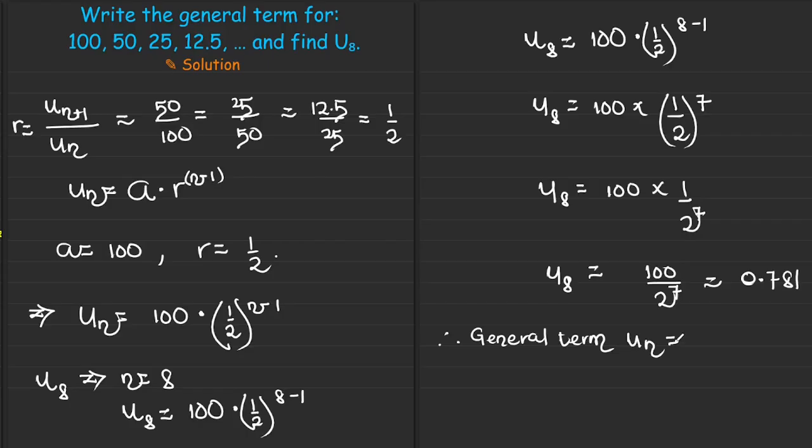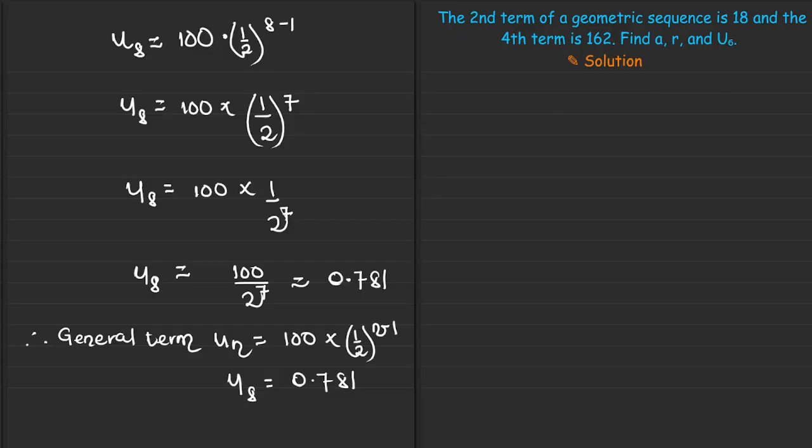Un, which is equal to 100 times 1 over 2 to the power n minus 1. And then our eighth term, on the other hand, is 0.781. Very, very simple, isn't it? Let's look at another one. Let's say one last one, then we take a word problem and we'll be done for this session.